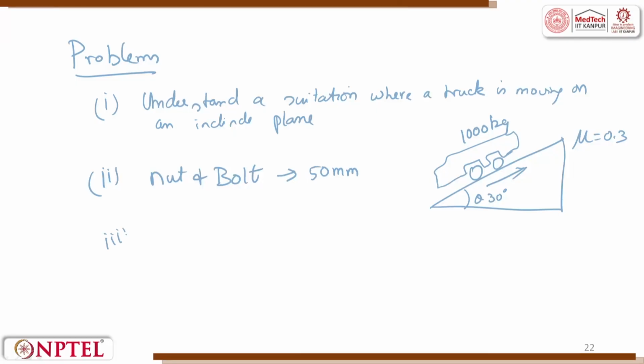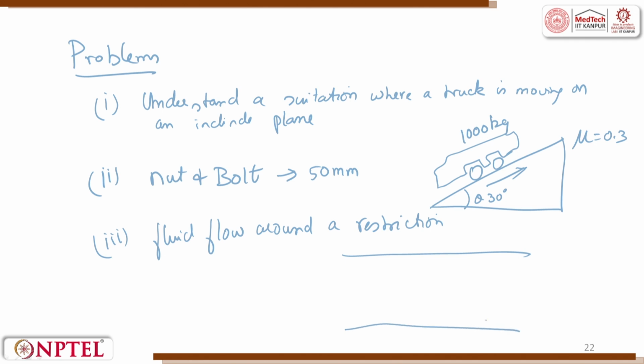The third thing is, I am trying to make a fluid flow around a restriction. And what is the situation? There is a river which is flowing and then there is a bridge which is constructed on top. So, the bridge will have pillars. Try to take a situation of a fluid flow.